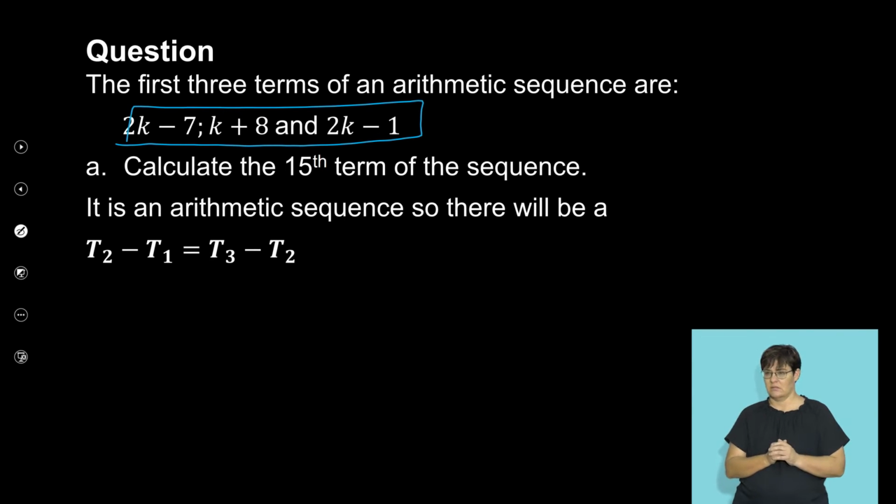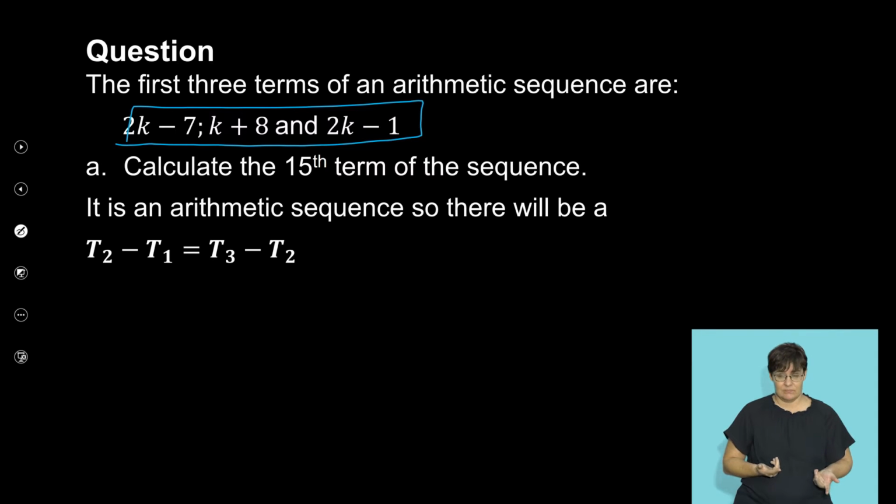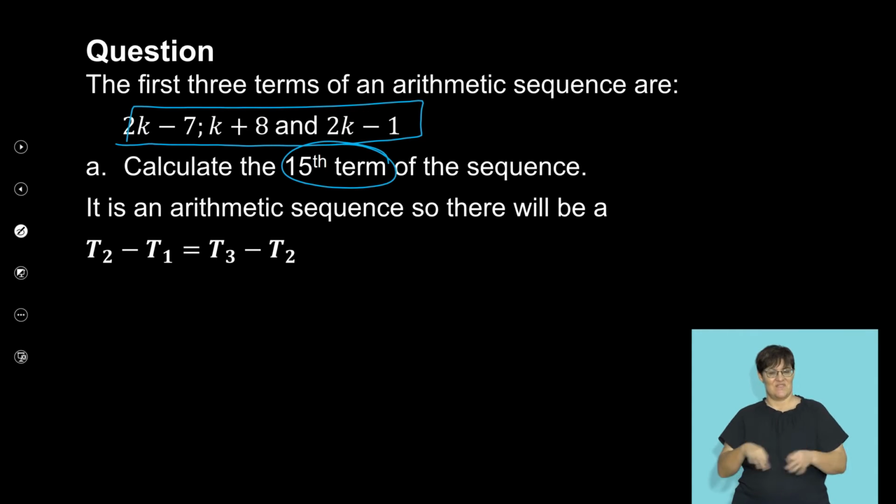But they are all in terms of k. So I actually don't know what the true values of A and D are. But in order to get to that point, I'm first going to solve for the value of k, because knowing what k is will allow me to determine the 15th term, because substituting k back into the first three terms will give me my A value as well as my D value.